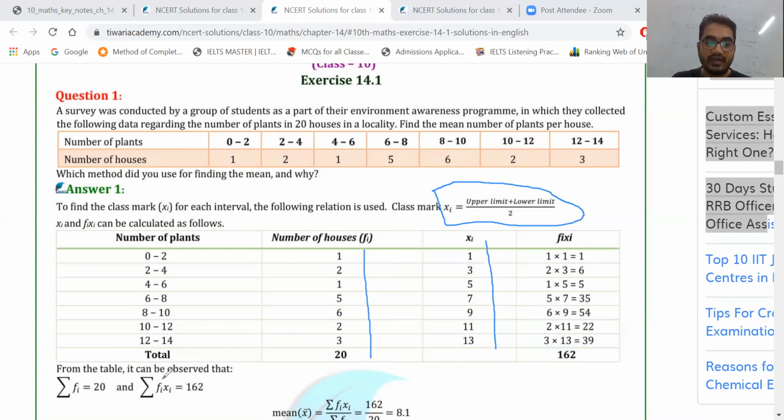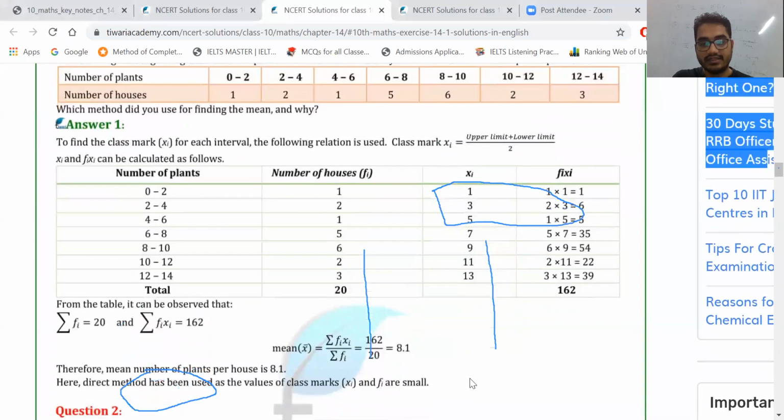In the formula we require the summation of fi xi, which we have got over here, that is 162, and the sum of fi is 20. So sigma fi xi upon sigma fi is equal to 162 upon 20, and we get the answer 8.1.